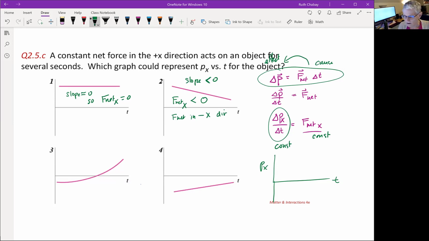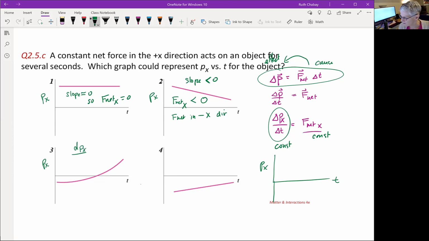Now graph 3, we have the momentum here. So this is px here. The x component of momentum is increasing, but is it increasing at a constant rate? It's not.